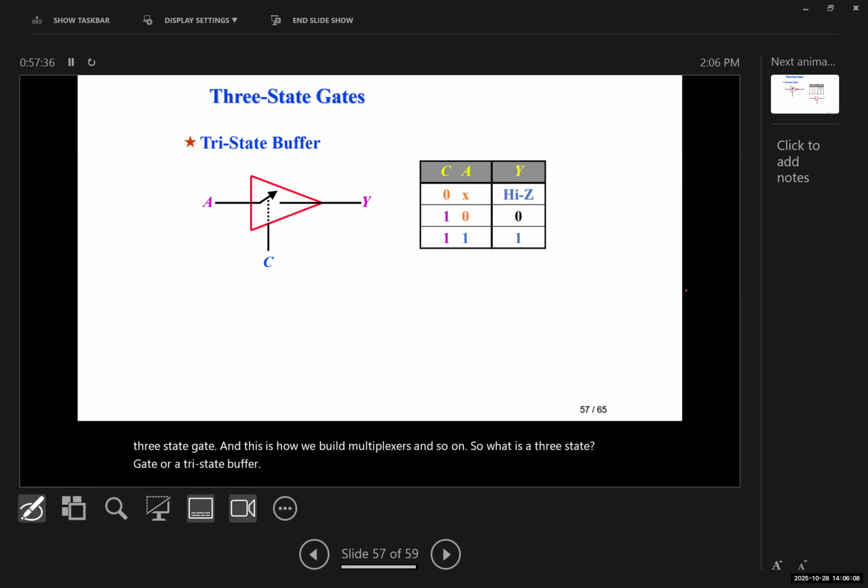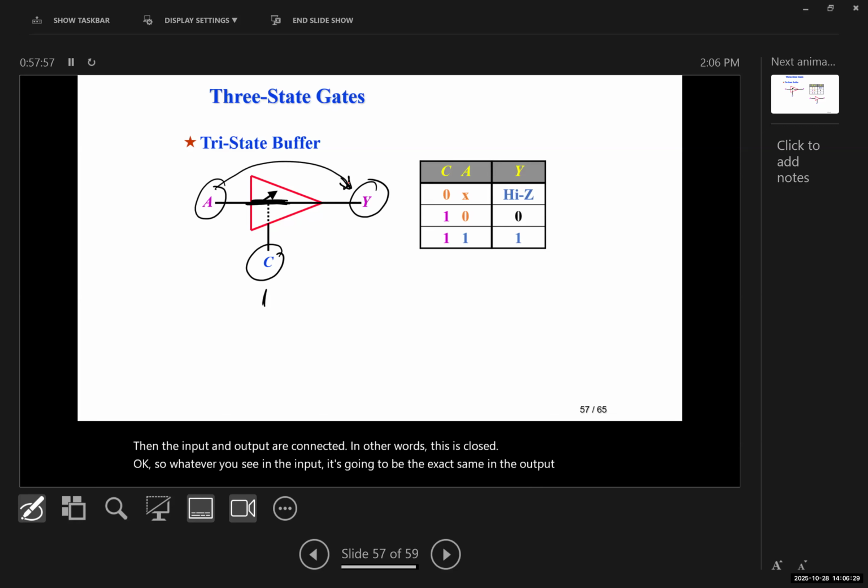It is a buffer that has one input, called A, one output, Y, and one control, okay? If the control is 1, then the input and output are connected. In other words, this is closed, okay? So whatever you see in the input, it's going to be the exact same in the output because it's a buffer. But when C is equal to 0, I'm going to do that with red.